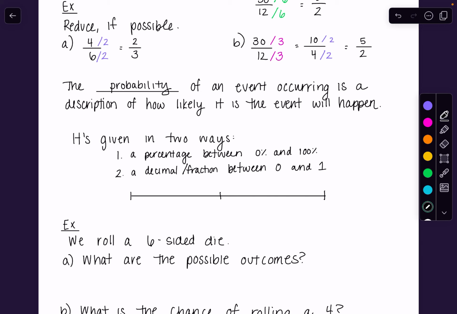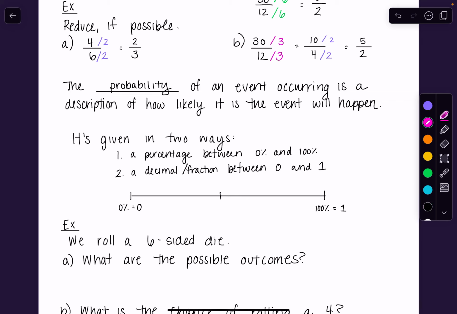So we have this scale, 0 being the smallest and 1 being the biggest. So at one end, we have a 0% chance, which corresponds to 0, or we have a 100% chance of the event happening, which corresponds to a 1.